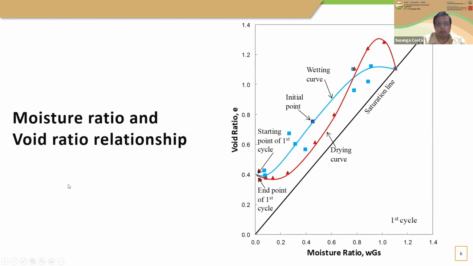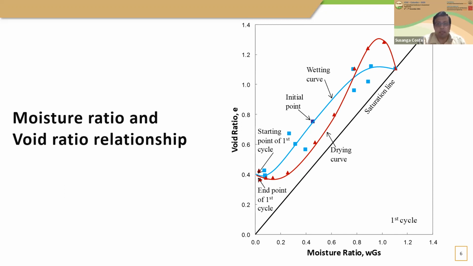Here, we have plotted the relationship between the moisture ratio and the void ratio for the first cycle. These are the average values for all the test specimens. The initial point you see here, the starting point, indicates the point where a sample was compacted.